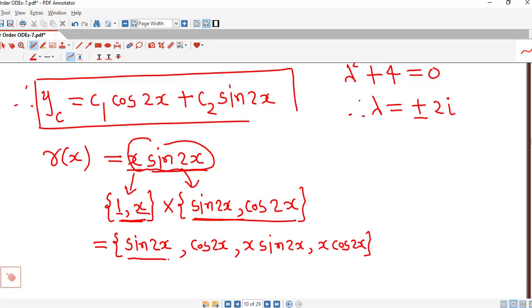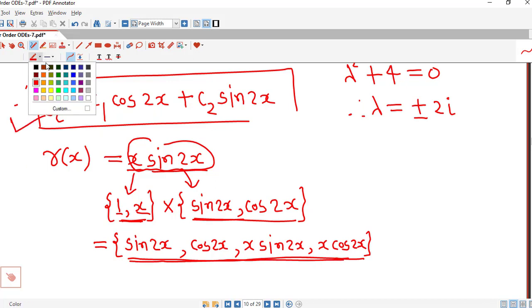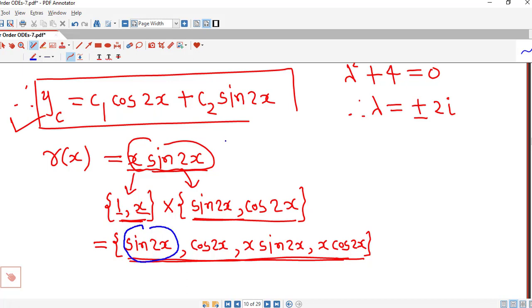Now we have to check whether any member of this family is present in the complementary function or not. We can observe that sin 2x is present in the Cartesian product as well as in the complementary function. Similarly, cos 2x is also present in the complementary function.